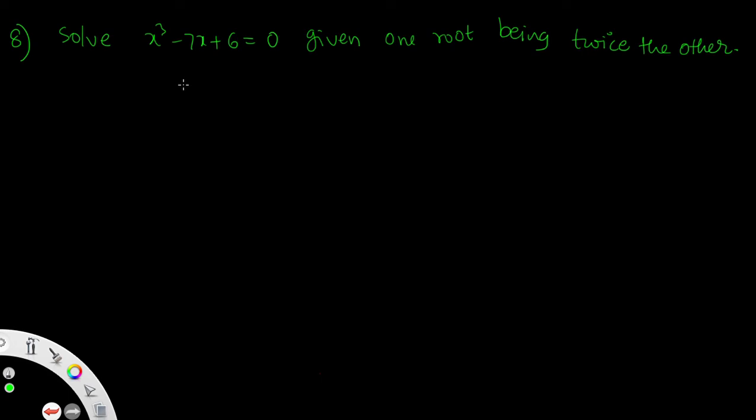Given that one of the roots is twice the other, we can take beta equal to 2 alpha, or else alpha equal to 2 beta. Both are the same.